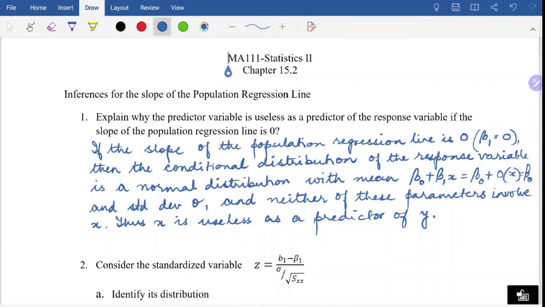So, when it says the slope of the population regression line is 0, that means beta sub 1, right? What is the form of the population regression line? It's going to be y equals beta sub 0 plus beta sub 1 times x, where beta sub 1 is the slope of the line. Now, think about it.